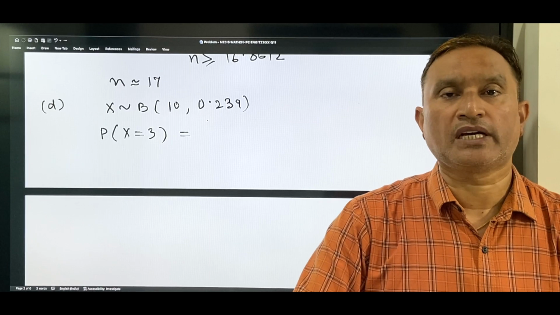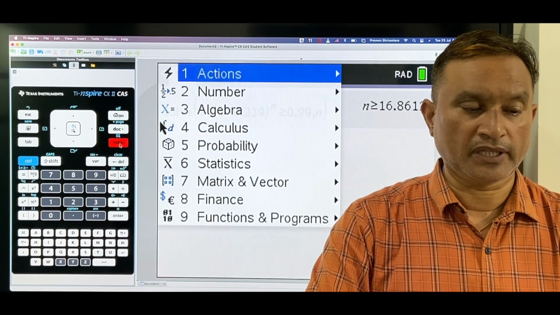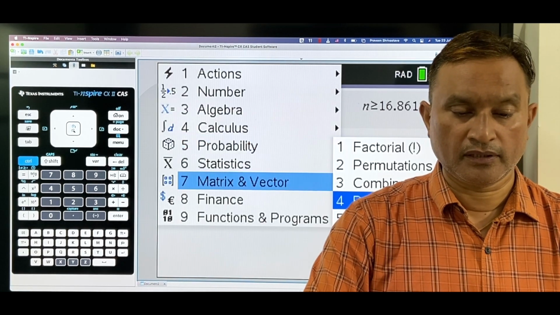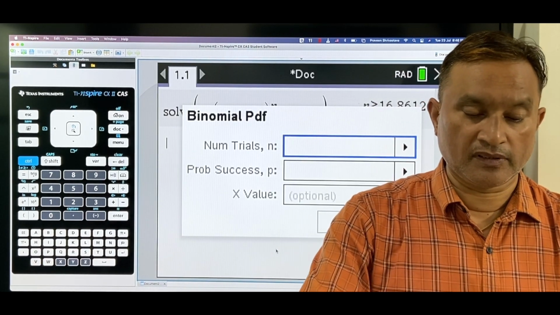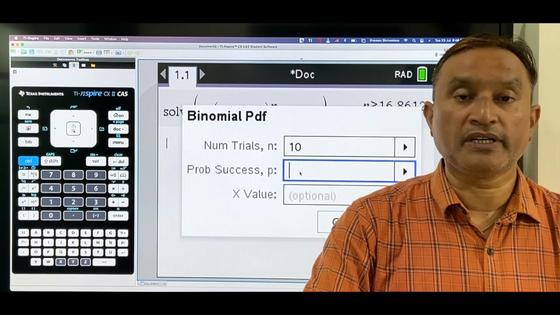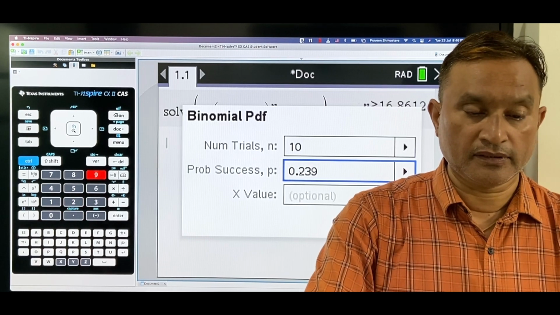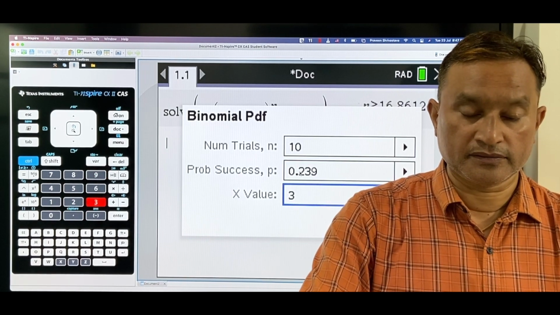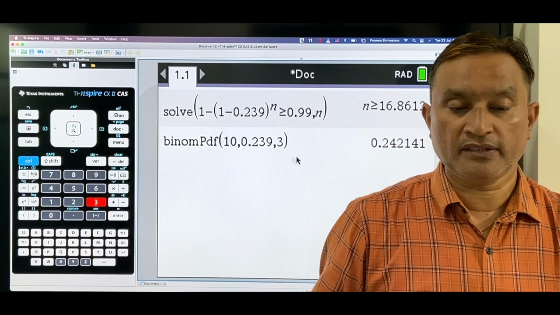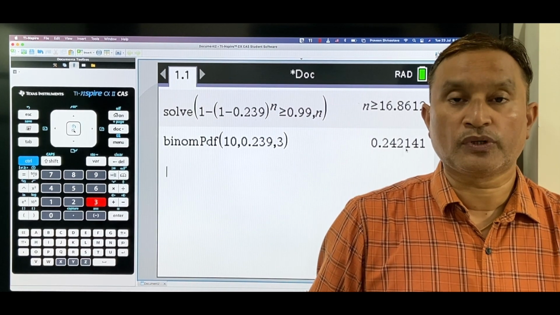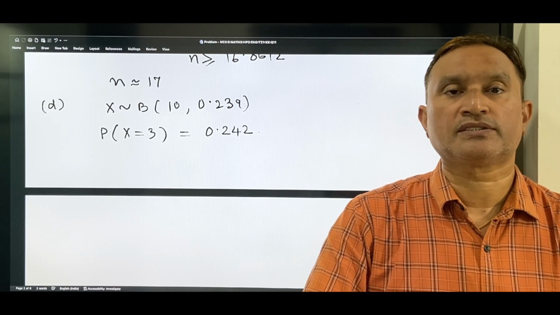We will use the calculator to find the probability. Menu, probability, distribution, binomial PDF, the number of trials n, probability of success is 0.239, and here 3. Now the probability would be 0.242. So this is the answer of D part.